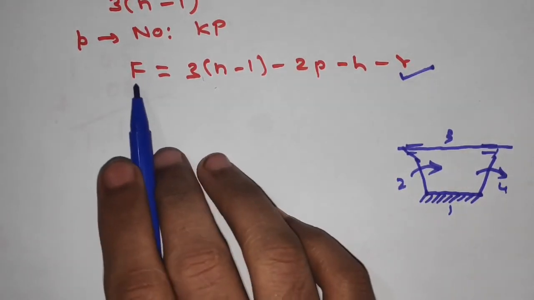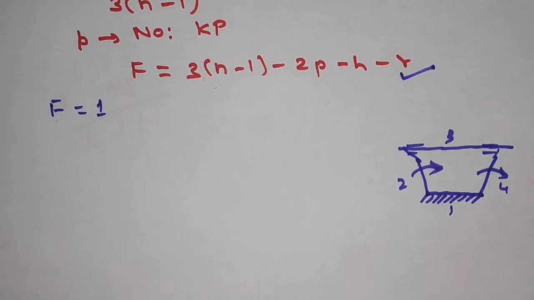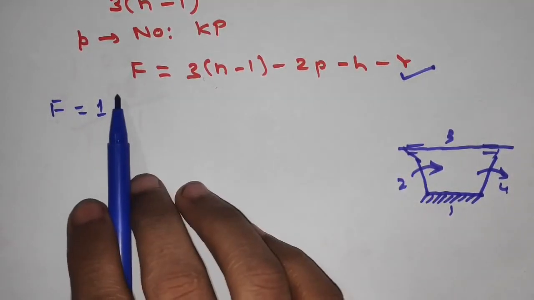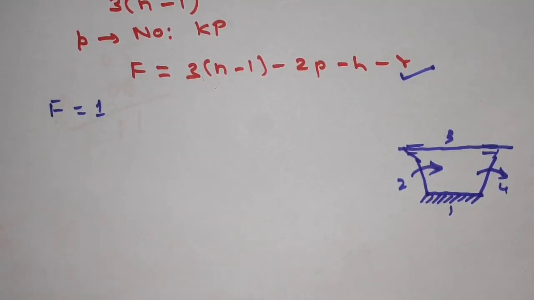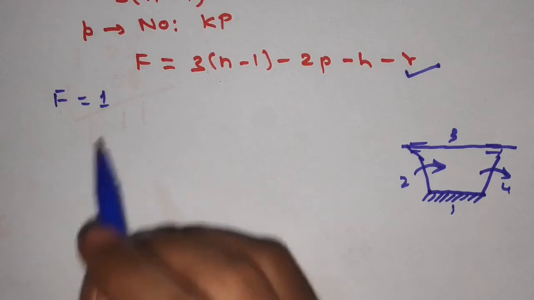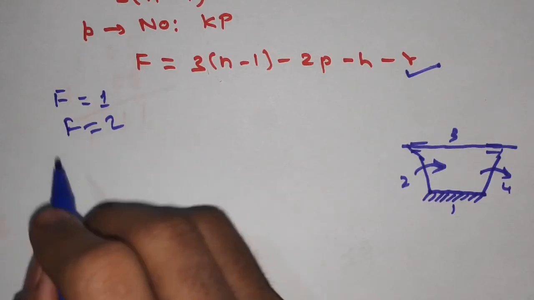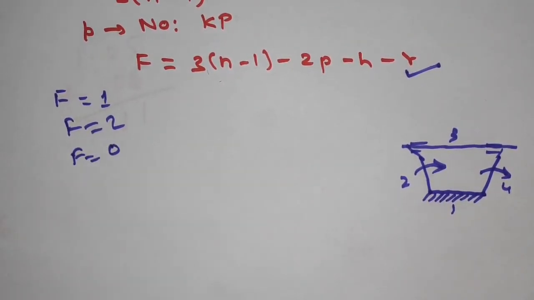Now, suppose on simplifying we get F is equal to 1. Then we can say the mechanism is known as a single degree of freedom system. If F is equal to 2, then the system has 2 degrees of freedom. If F is equal to 0, this type of assembly is known as a structure, and there is no relative motion between the links.